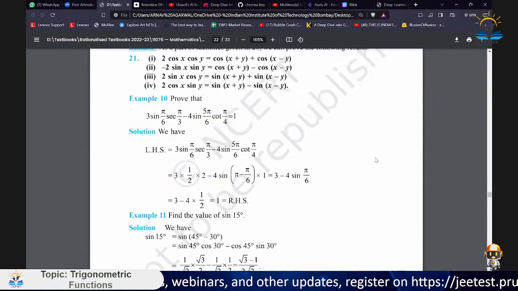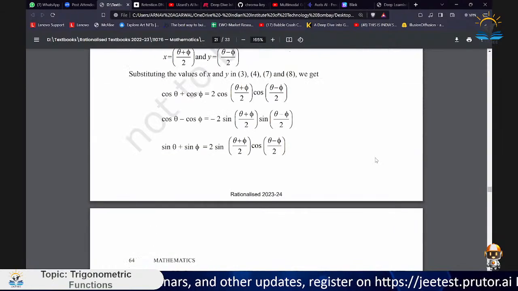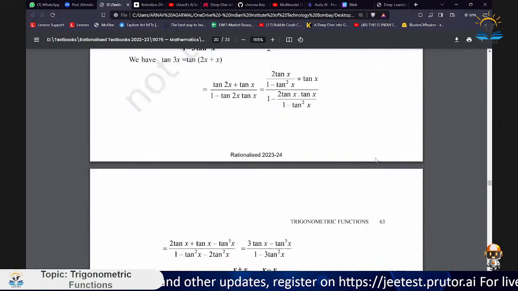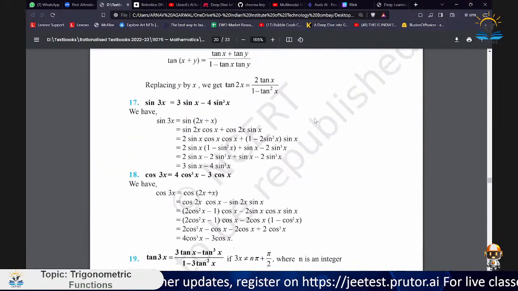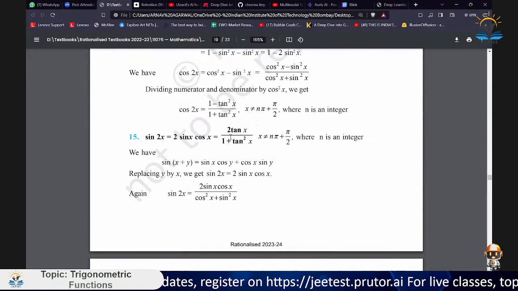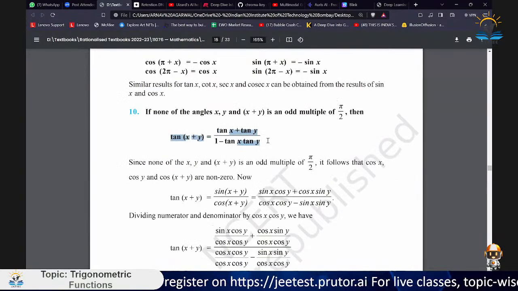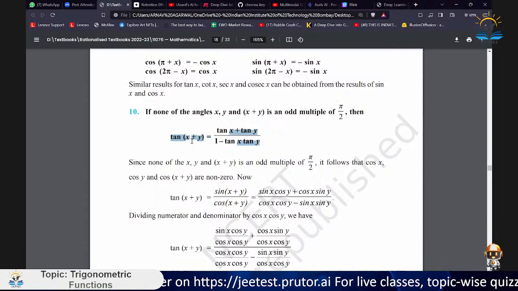Where was it written? Let's see. Tan x plus y. Here it is. This formula we used, so we put x as 2x and y as x.